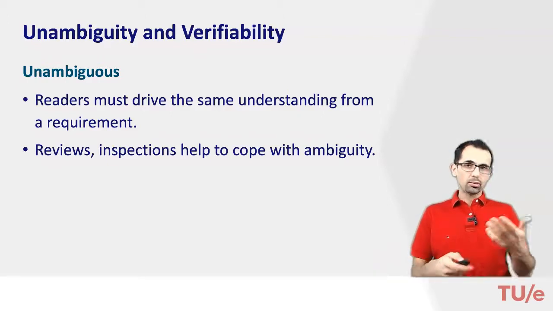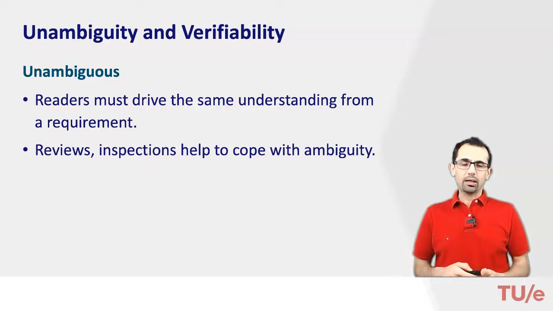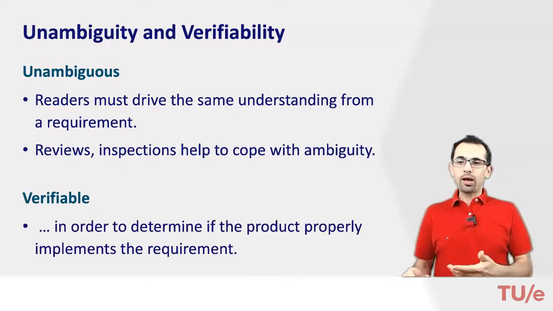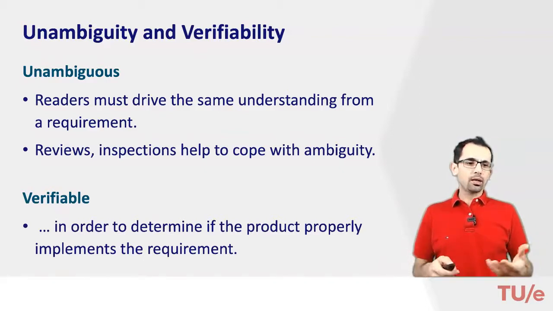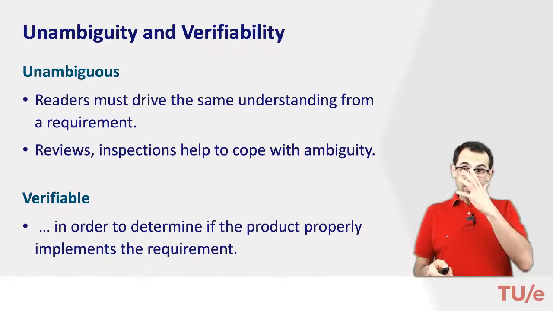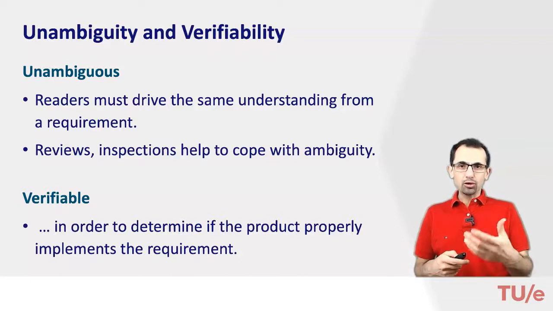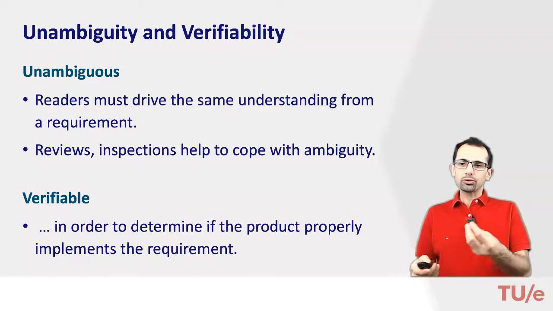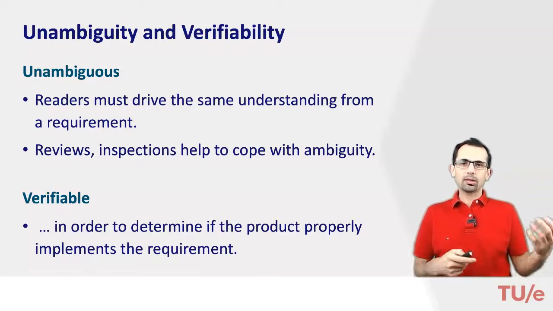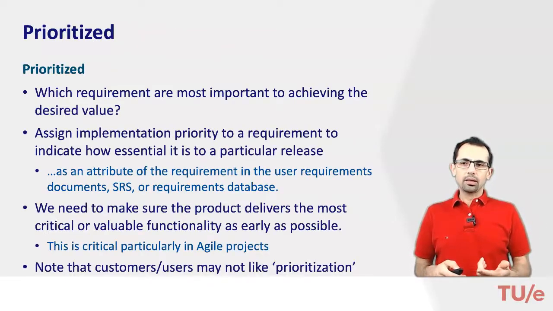That's why we also do verification and validation, to make sure that we understand the same thing. Verifiable: there should be an attainable way to make sure that this is verifiable. It should be verifiable in order to determine if the product properly implements the requirements. Prioritized. I'll spend a little bit more time with the prioritization.